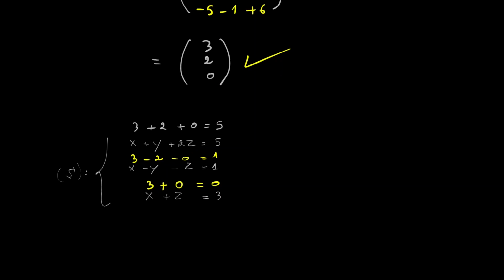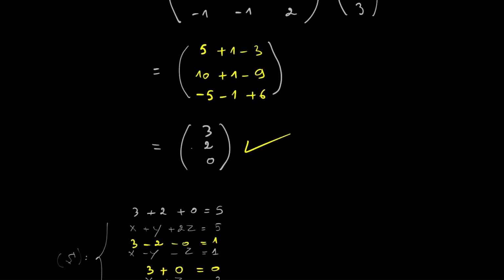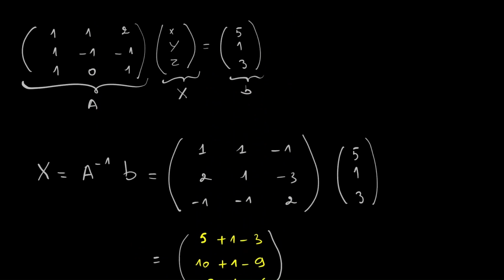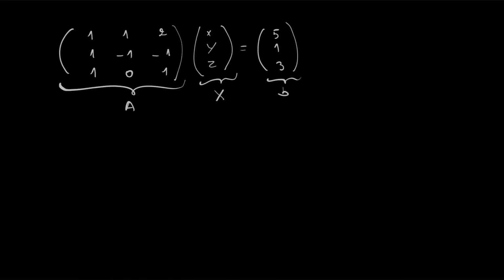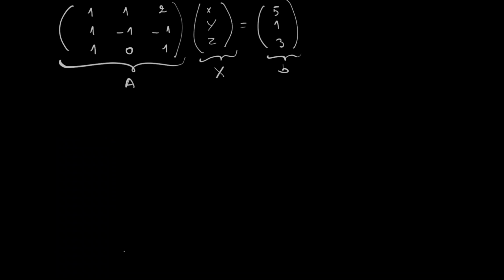To wrap things up, let's verify our solution using Cramer's method. I have to take the system and put it in a new page. To calculate the solution of our system, we have to calculate x, y, and z.